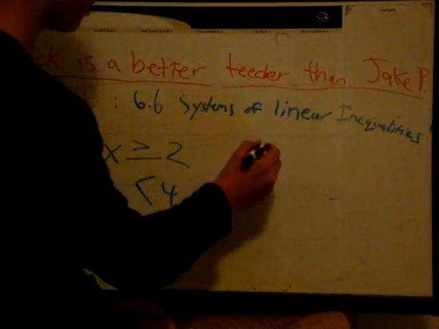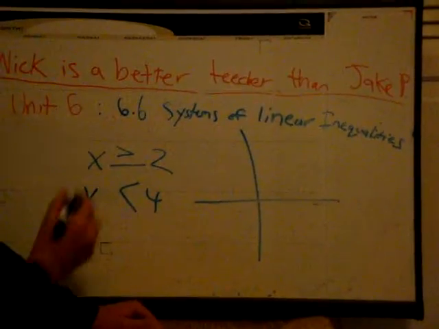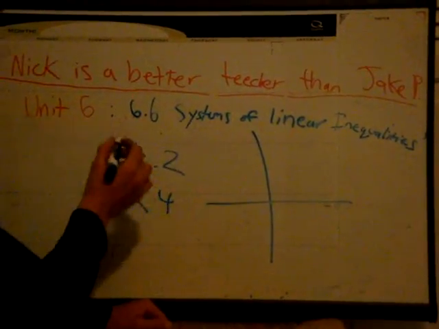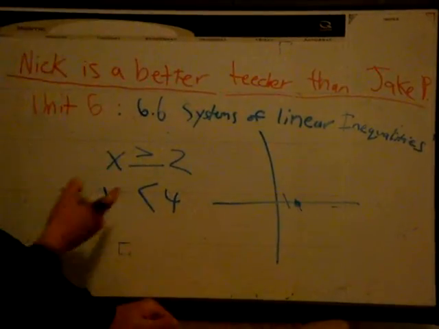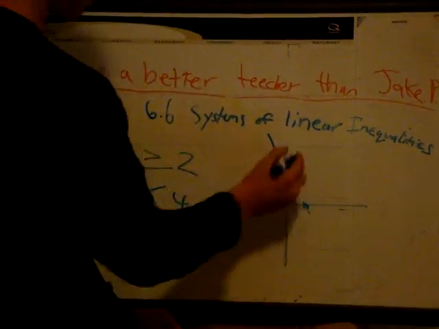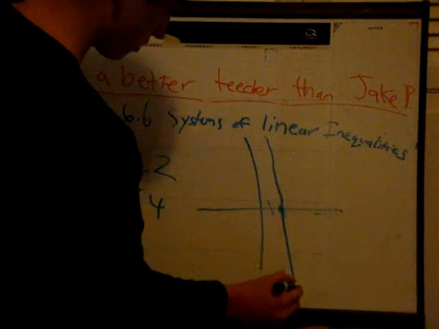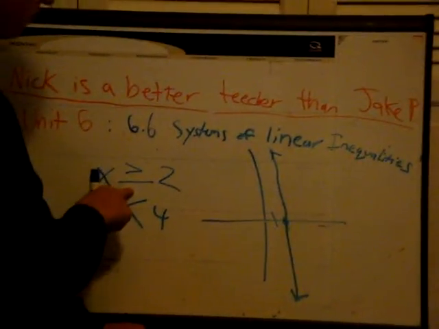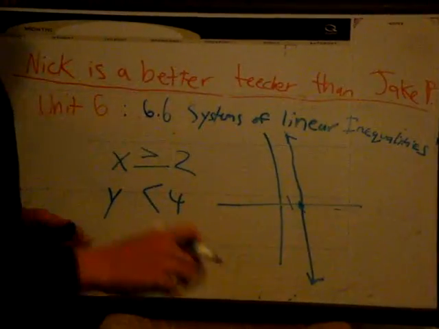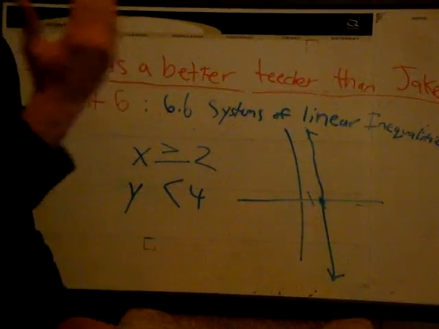Here's our graph. We're going to go x is greater than or equal to 2, so we go to 2 on the x axis. Then we go straight up. Solid line because it's greater than or equal to. For x's, I know it's a little harder to shade because what is up and down.